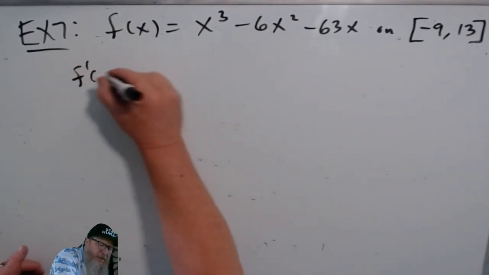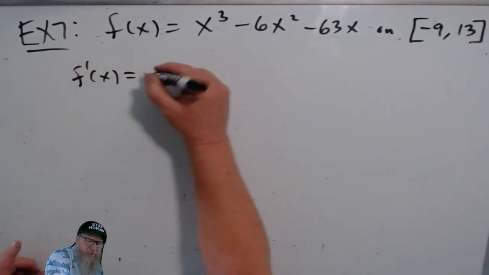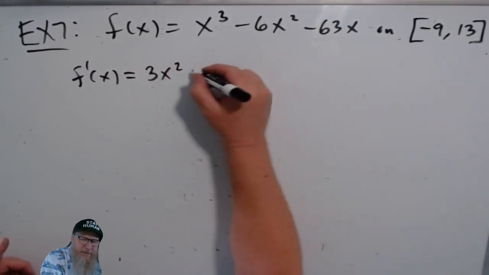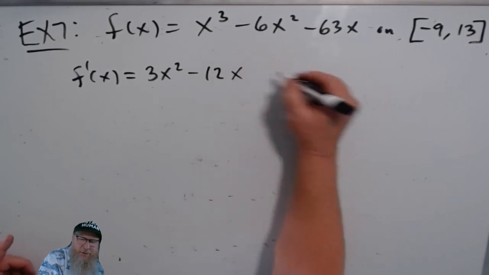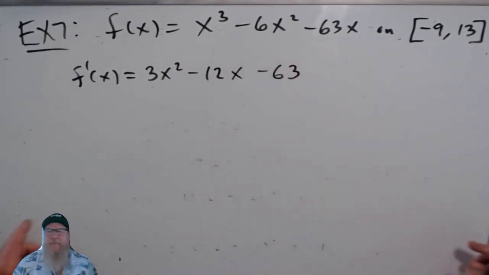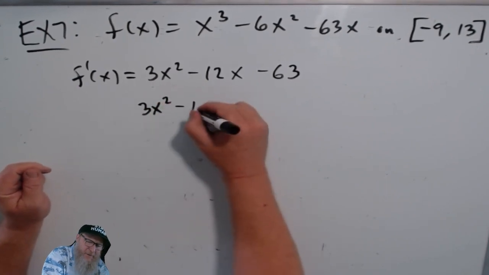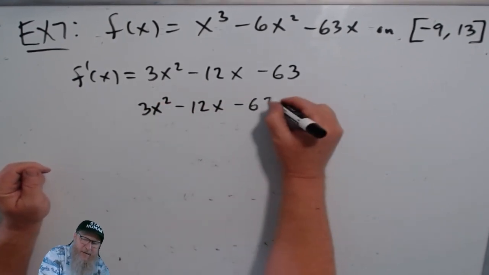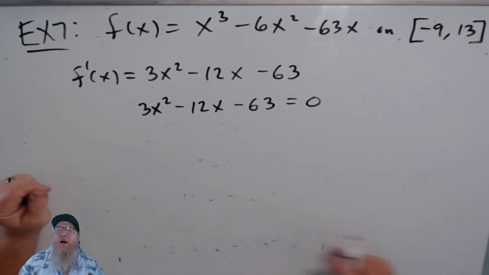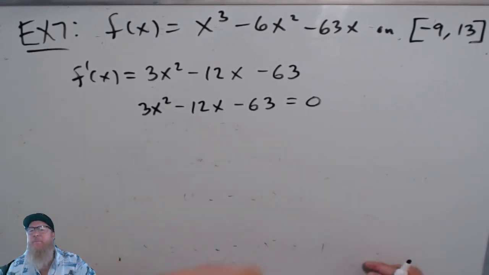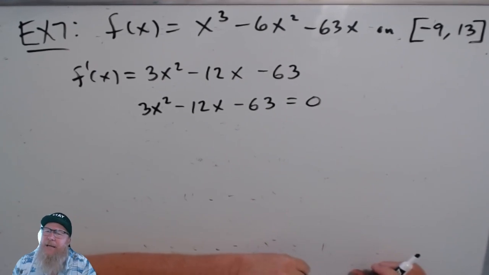I like to focus on the calculus first, which is the derivative. Plugging in a number is not really even calculus. It's algebra. So there's our derivative. I'm going to set that equal to 0 and solve. Again, you can solve this by lots of different methods: factoring, completing the square, quadratic formula.